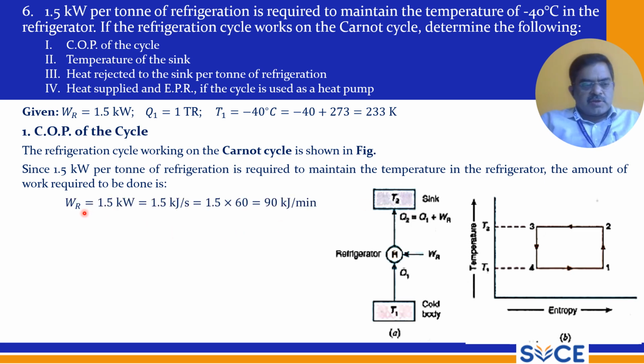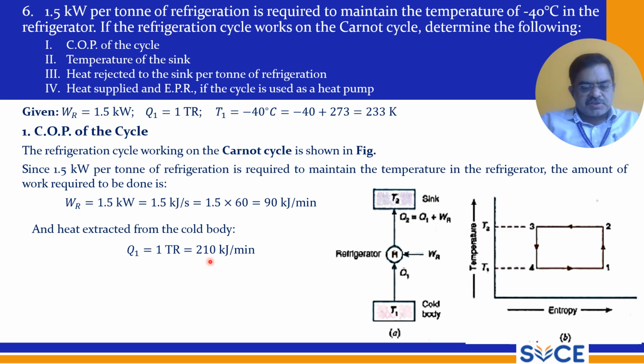So WR equal to 1.5 kilowatt, and kilowatt is nothing but kilojoules per second, and 1.5 into 60, so that is 90 kilojoules per minute. And heat extracted from cold body, so that is equal to Q1 equal to 1 tonnage of refrigeration, so that is equal to 210 kilojoules per minute.